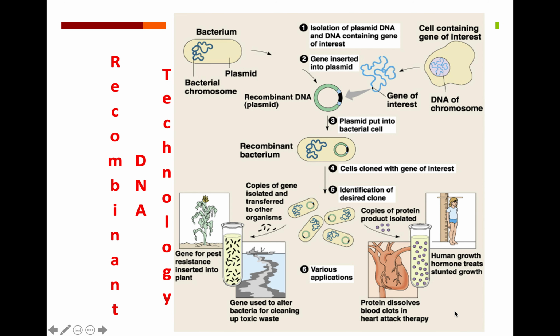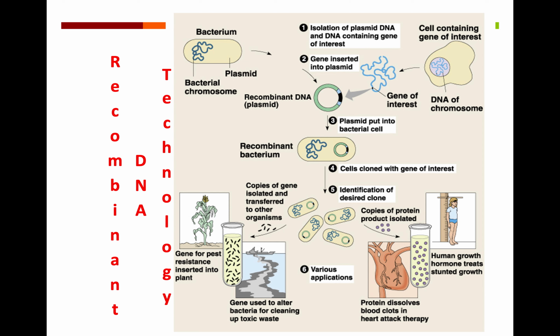So it starts off with your recombinant DNA technology. We all know what recombinant DNA technology is. It starts out with your gene of interest, which you isolate and then insert into a plasmid of your choice.